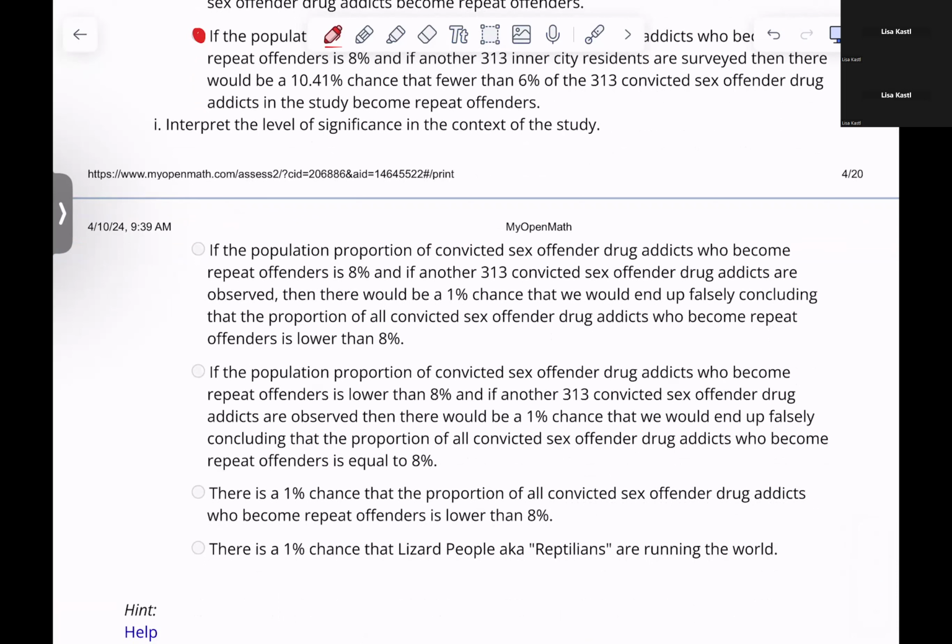How'd you pick the first one? Patient sex offenders and drug addicts would become repeat offenders slower than 8% instead of equal to 8%. There you go. All right.